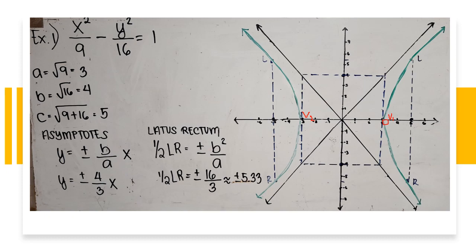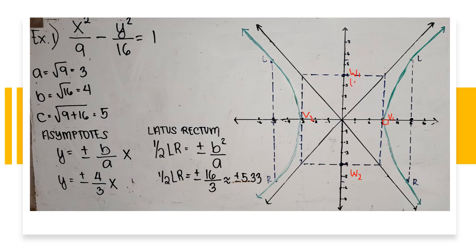So we have 0, positive 1, 2, 3, and 4. We represent this as W sub 1. And then we have -1, -2, -3, -4. So that is our W sub 2.